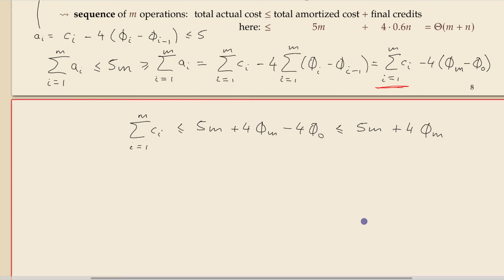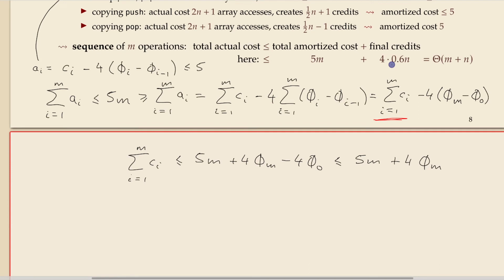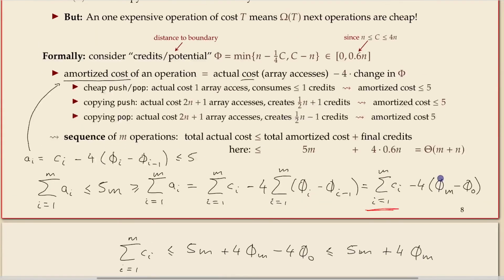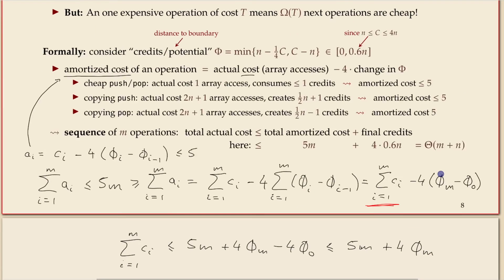And so this is what you see spelled out here. 5m and 4 times the final potential. Now, we don't really know what the final potential actually is, but we know the potential is never more than 0.6 n. So we use this upper bound there. That's how we get there.